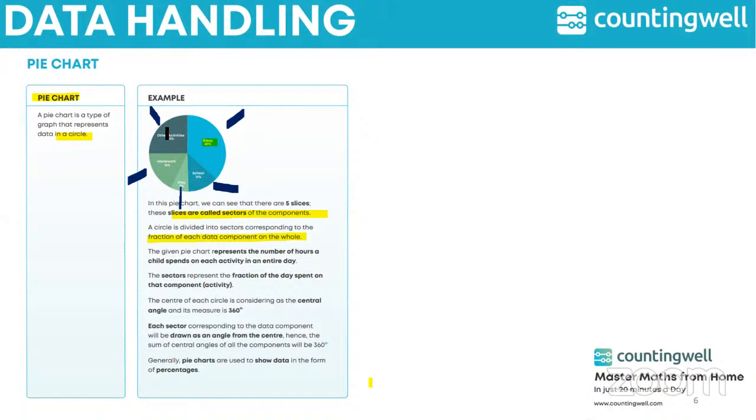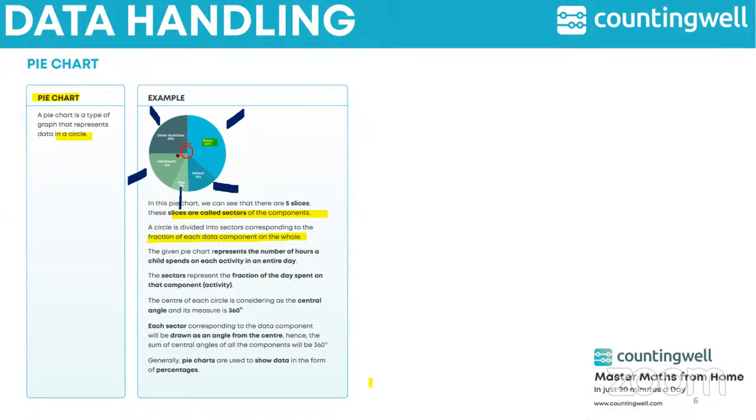The center of each circle is considered as the central angle and its measure is 360 degrees. This is very well known to all of you. Each sector will be drawn as an angle from the center.